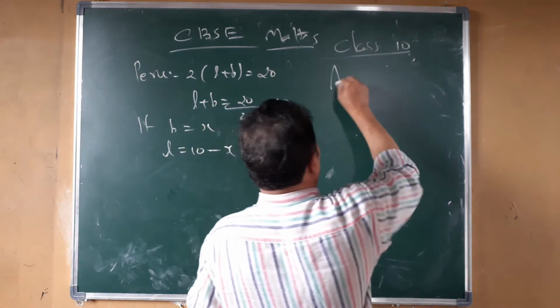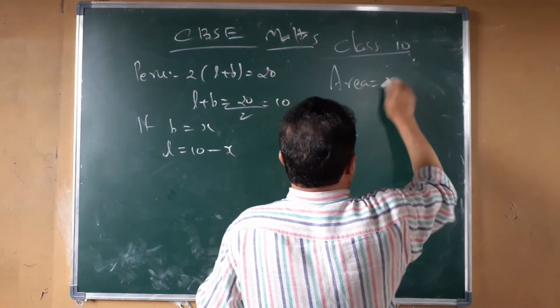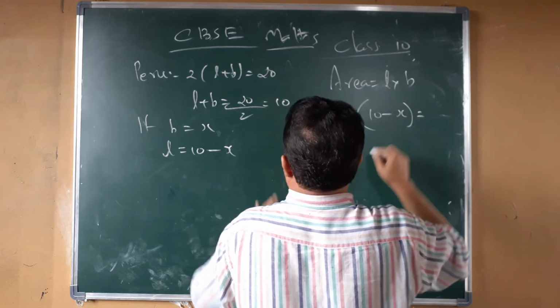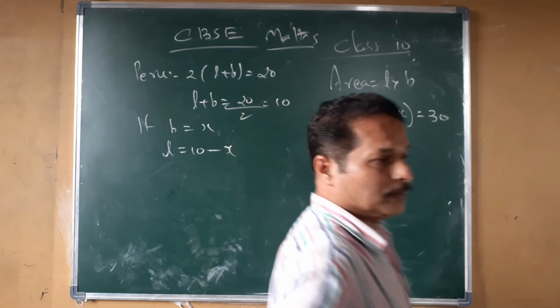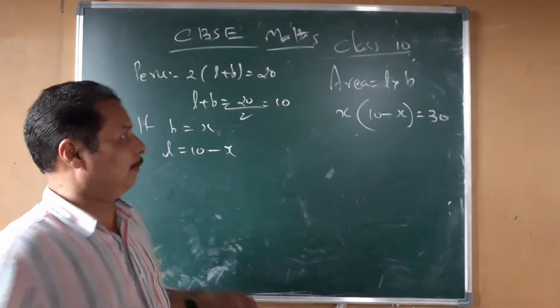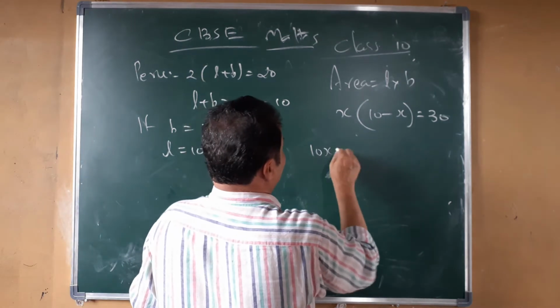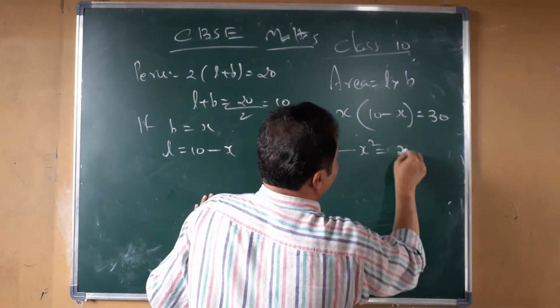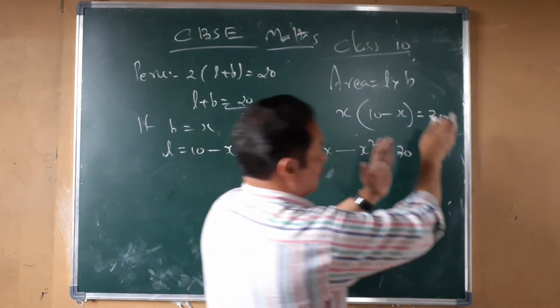Area is L into B, length into breadth, x into 10 minus x, and that's 30. Are you ready? Now start multiplying. x into 10, 10x, x into minus x, minus x square, equal to 30. Then these terms transfer to that side.